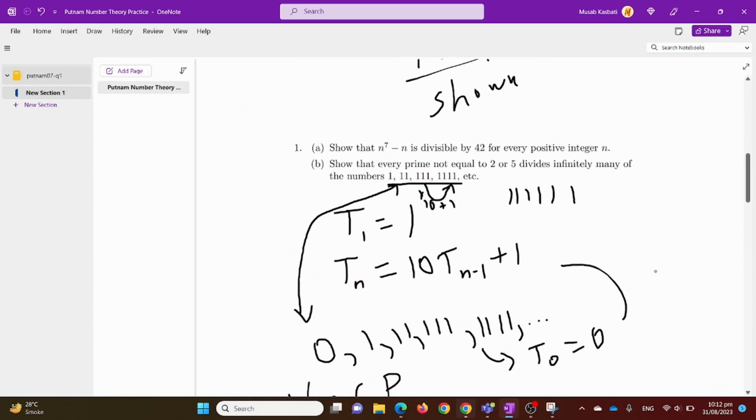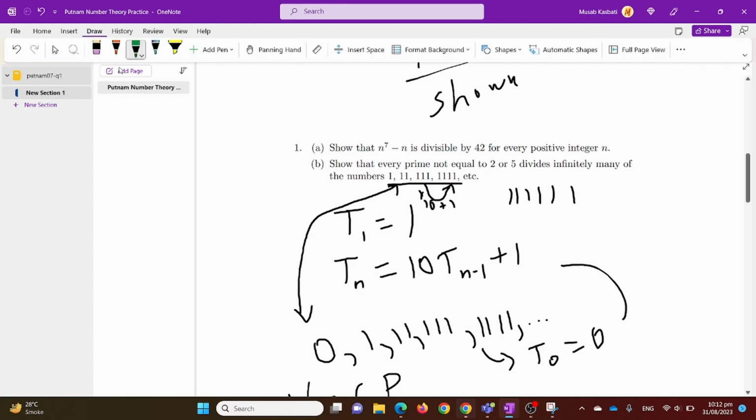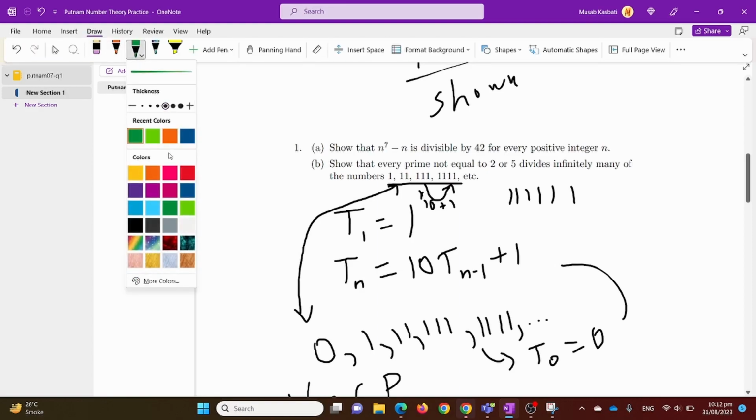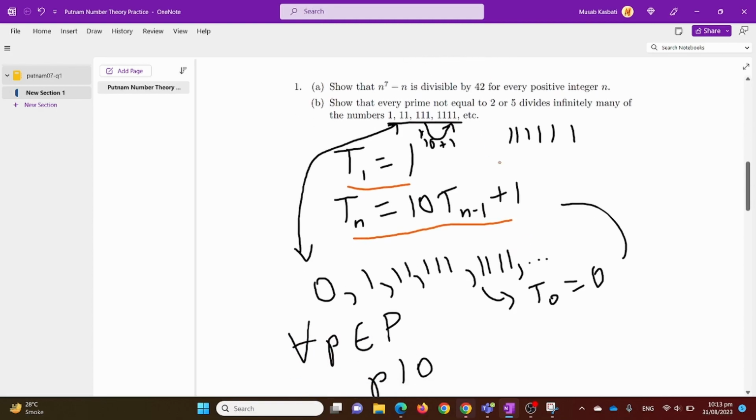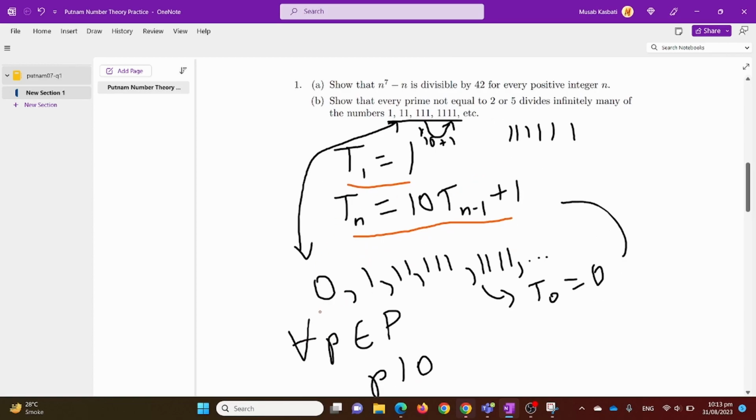whole claim. So firstly, the first claim that I'm making is that the sequence can be rewritten as term 1 equals 1 and term n equals 10 times t n minus 1 plus 1. But more specifically, it can also be rewritten as this sequence, which starts with a 0.